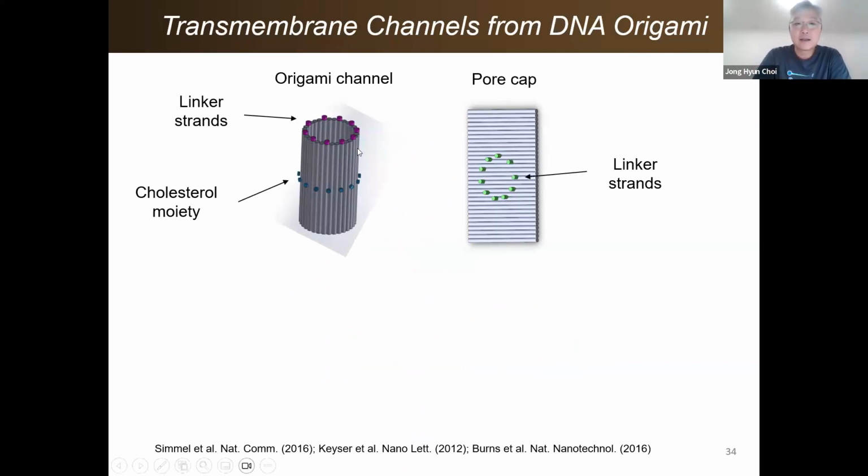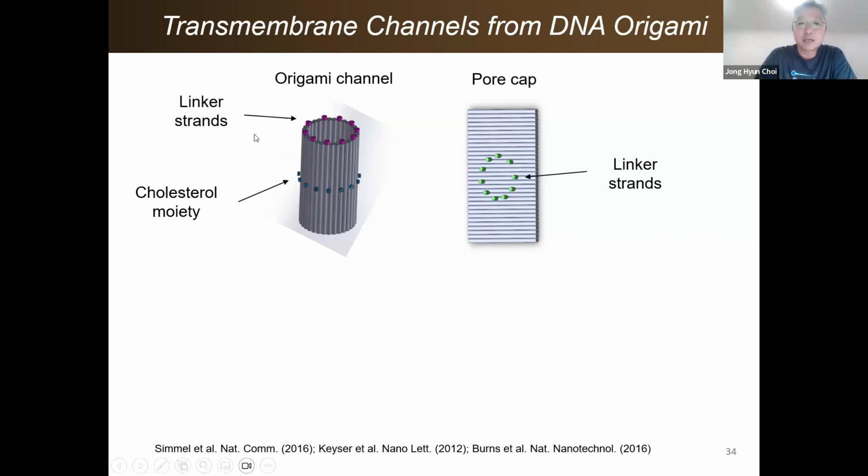Our design has a DNA origami tubule about 30 nanometers in diameter, fairly large, because we wanted to let proteins and DNA in and out. Also, to insert our DNA origami, we modified the DNA origami surface with cholesterol moieties, so that we can insert these DNA origami channels into the giant vesicles during self-assembly.